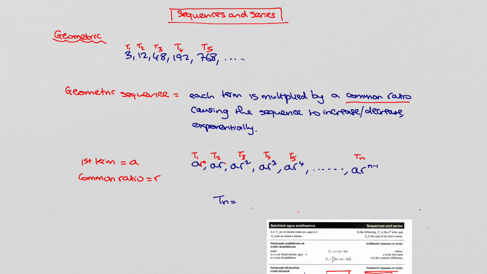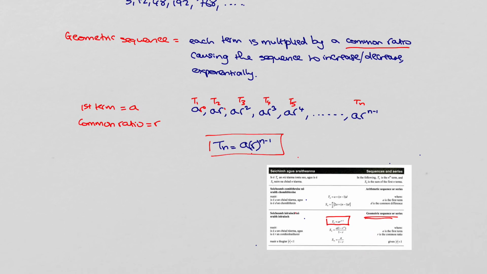Our general term for a geometric sequence or a geometric progression is a times the common ratio to the power of n minus 1. And we have to be careful, it is only ever r that is raised to that power. This can be found in our maths tables, page 22, and we have to be careful that we're using the geometric, not the arithmetic, general term here.